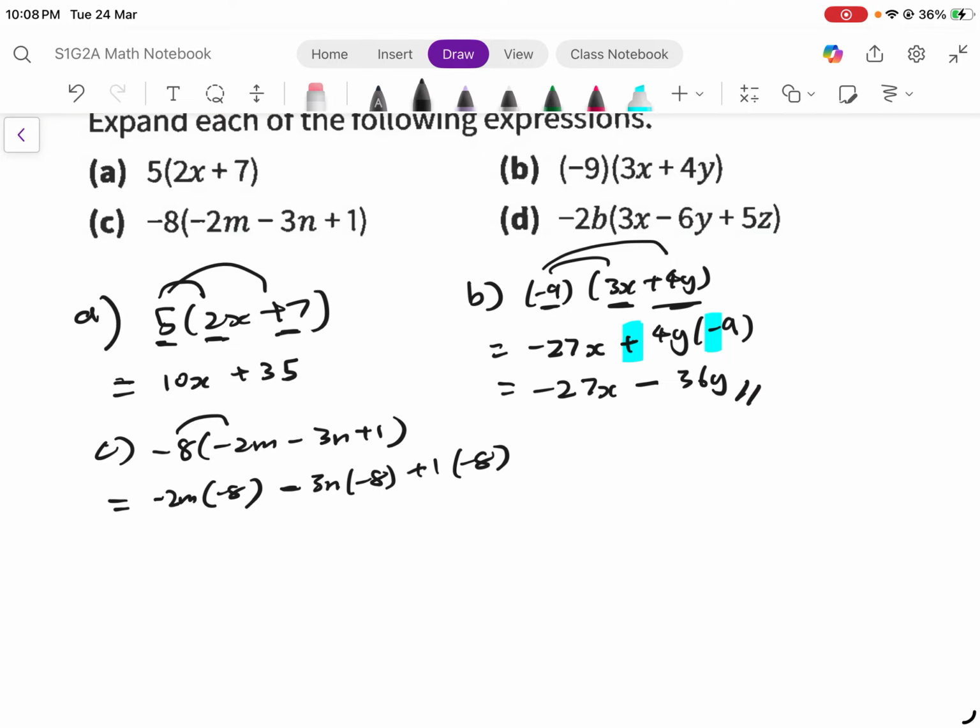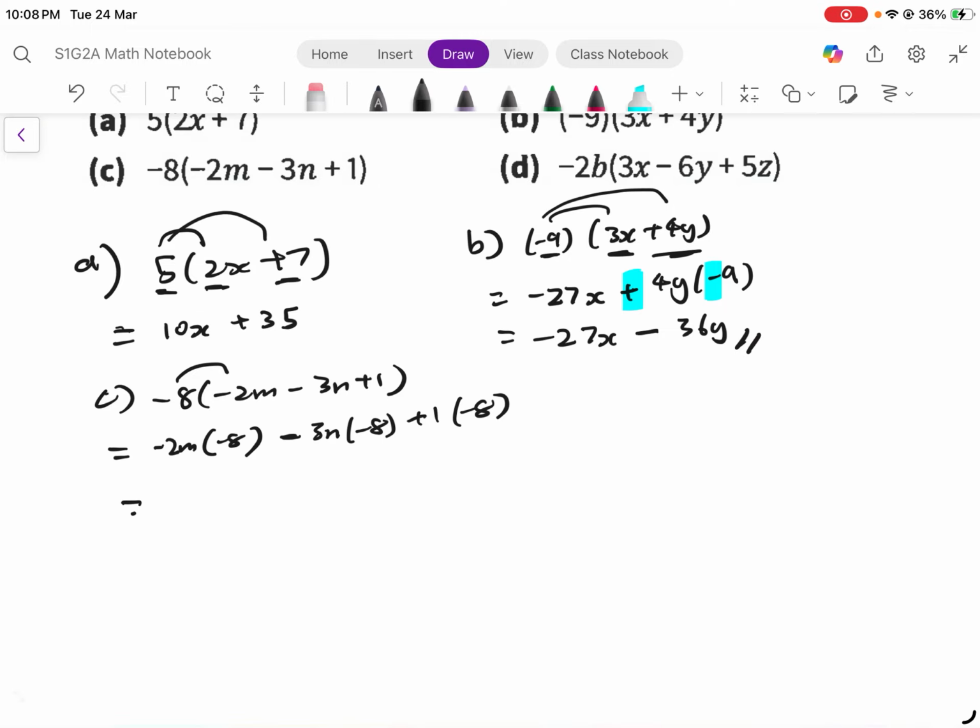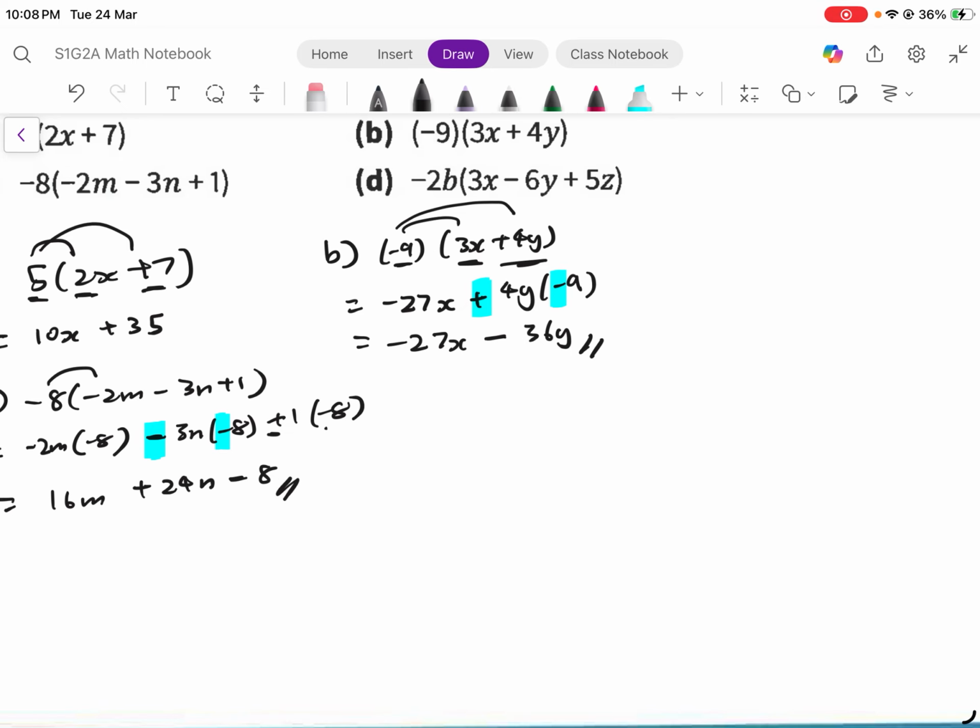Okay, so you see it's uniform. So minus 2 times minus 8 is 16m. Minus minus plus, remember, minus minus plus. So you'll get plus 24n. Plus and minus is minus, you get 8. And that's your answer. Okay, then part D, well, they're all minus.